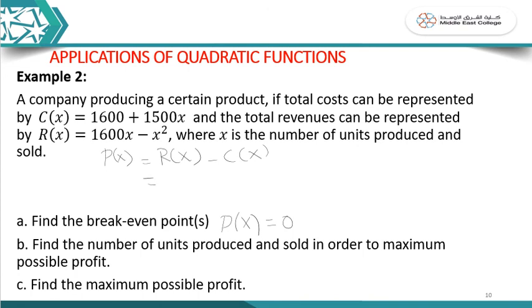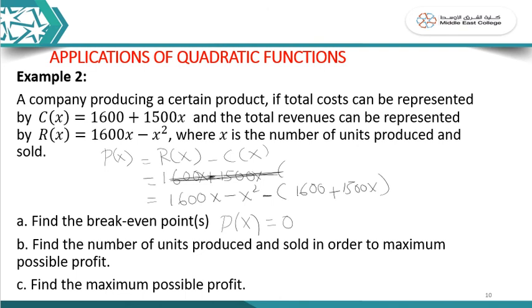So this one is equal to 1,600x minus x squared minus (1,600 plus 1,500x). Okay, so I will expand this bracket.